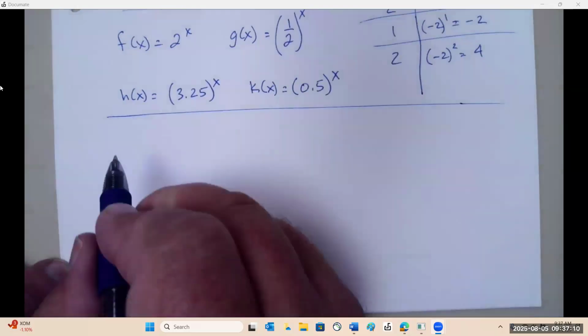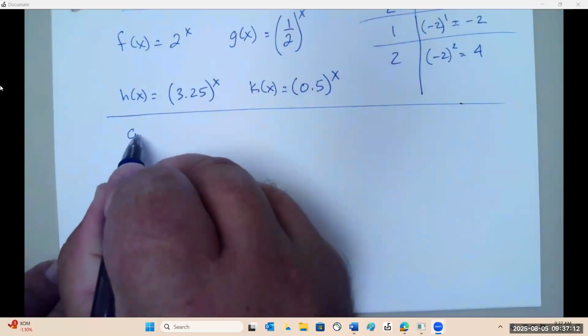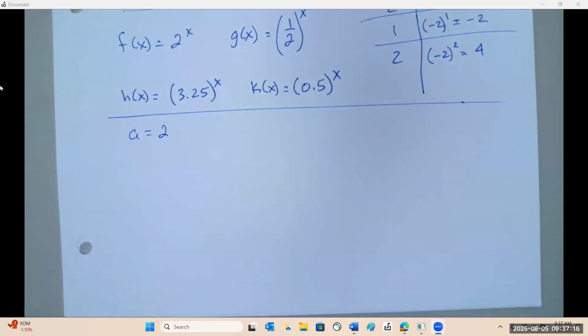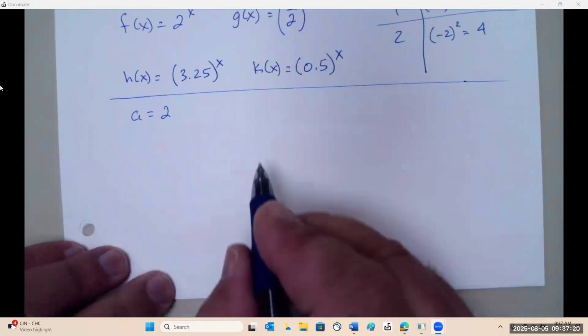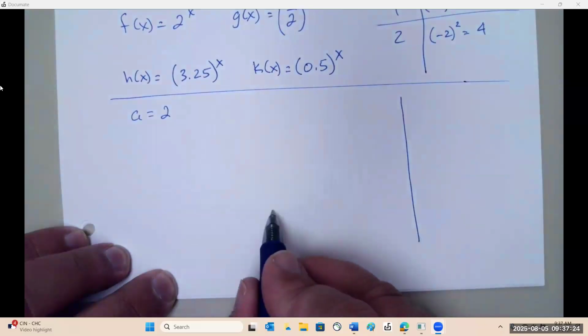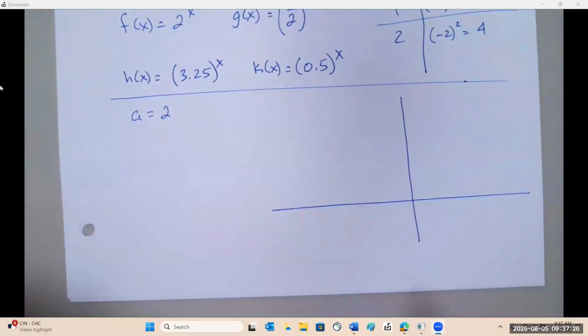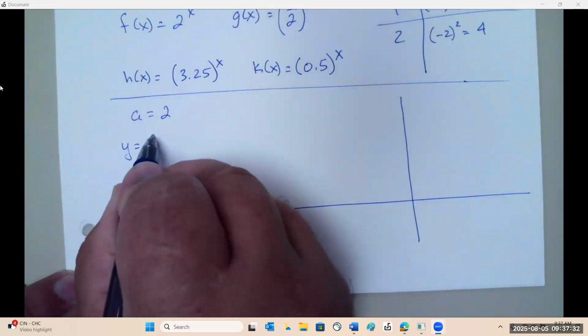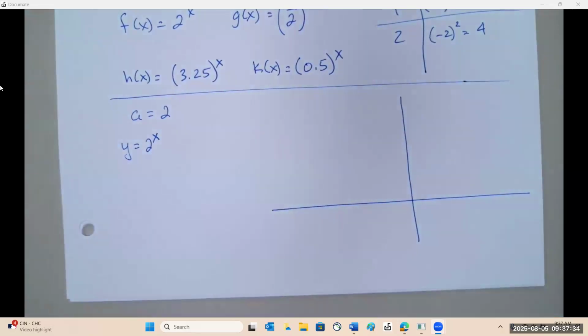Let's look at the graph. For our examples, we're going to use A being 2 for right now. It's the most common one to be used. So with this, since the base cannot be negative, where's our graph going to be?